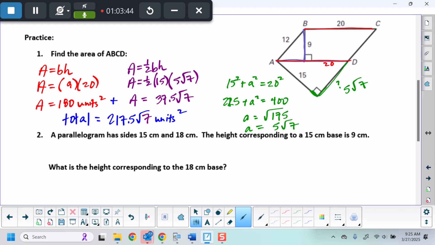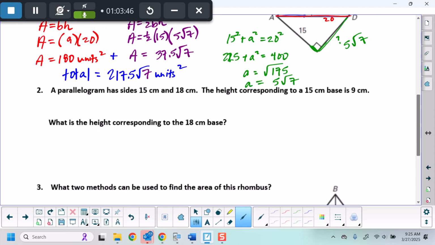Hey, one thing I want to make sure that you understand when we talk about this next problem, the height corresponding to a 15 centimeter base, when you talk about triangles, trapezoids, and parallelograms, it matters which height you're looking at. So think about this in one respect, and I want you to draw some sketches with me.